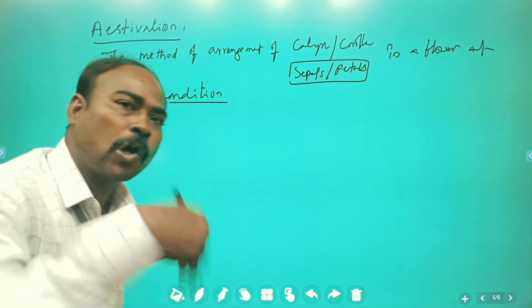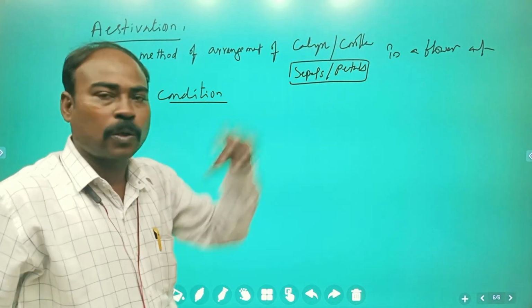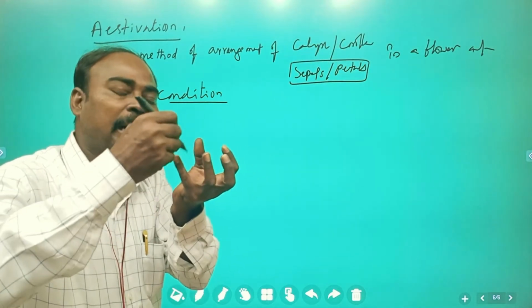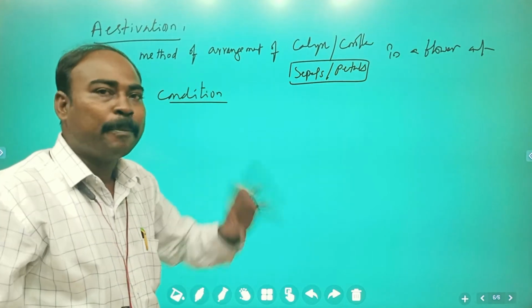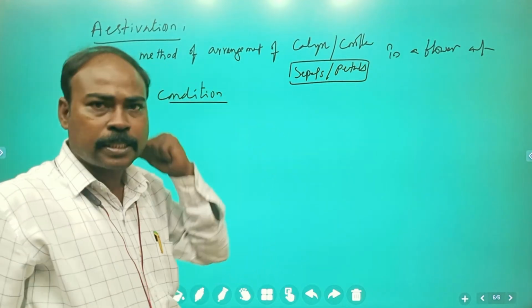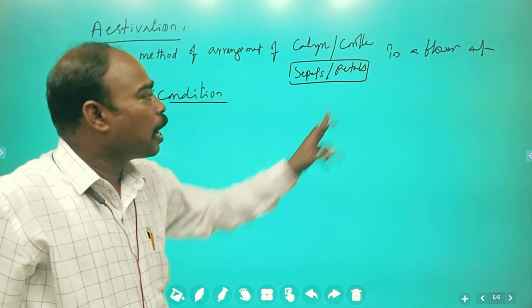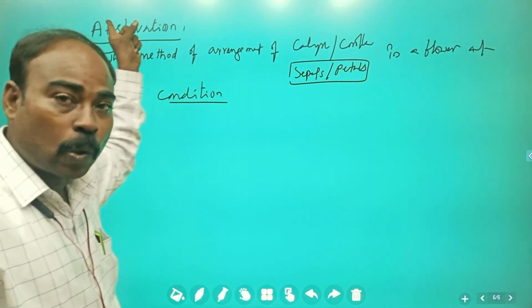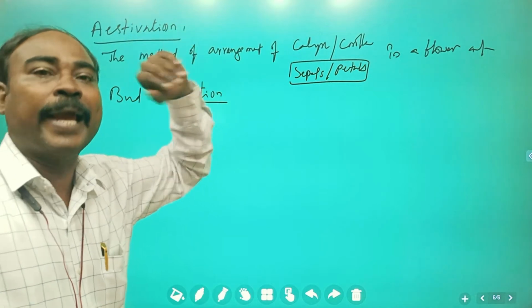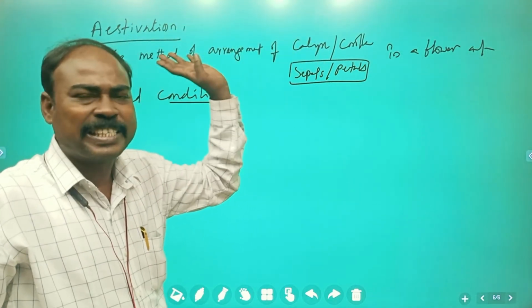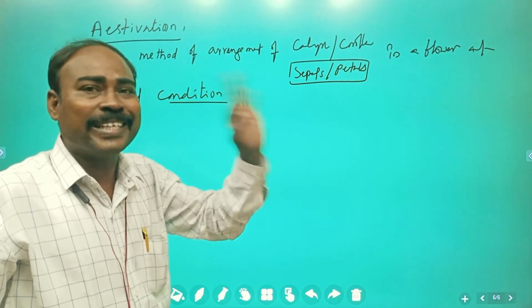So the petals or sepals, that means calyx or corolla, in a flower at bud condition, are arranged differently, and this arrangement of petals or sepals in a flower at bud condition is known as estivation or aestivation. Whatever the pronunciation, the spelling is the same, the meaning is the same.